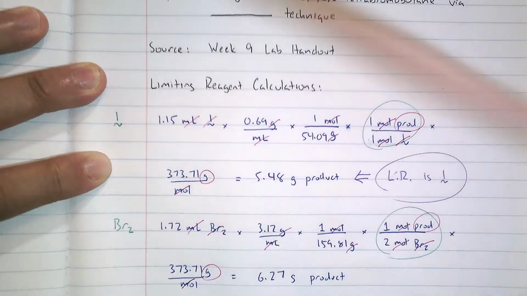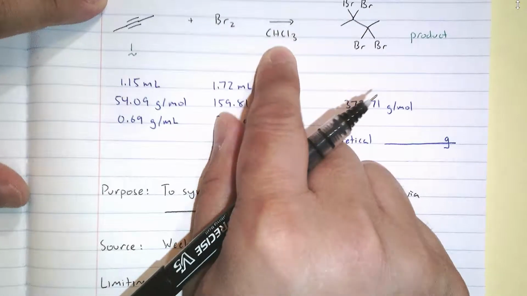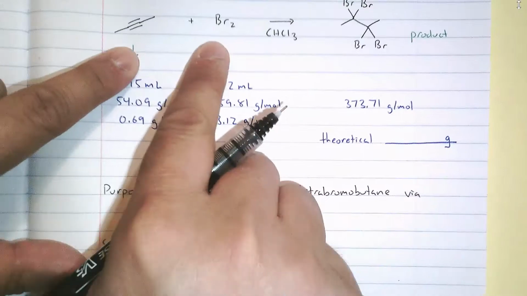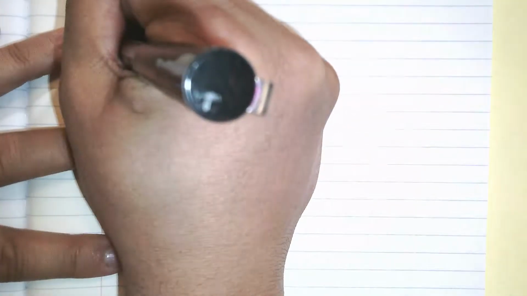You notice that we had nothing to do with this chloroform. That's just a solvent. These are the main starting materials. That sometimes is a little bit tricky, but we'll call this SM, starting material. That's the first column. And the first starting material we're going to deal with is 1.